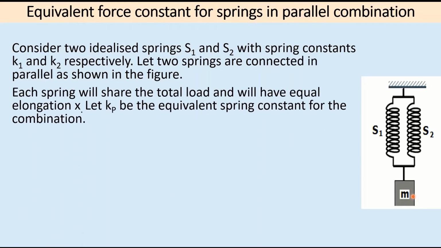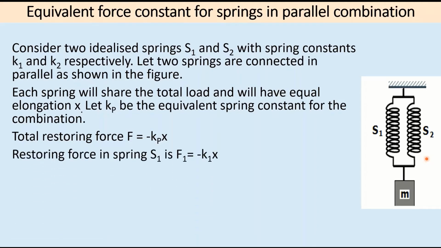Now each spring will share the total load and will have the elongation x. So S1 and S2 both have the elongation x. If Kp is the equivalent spring constant for the combination, then the restoring force acting on the combination of the two springs is F is equal to minus Kp into x, where Kp is the equivalent spring constant for the parallel combination.